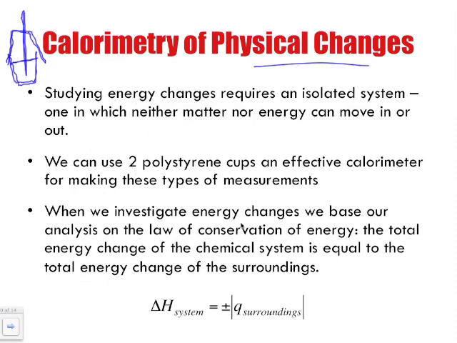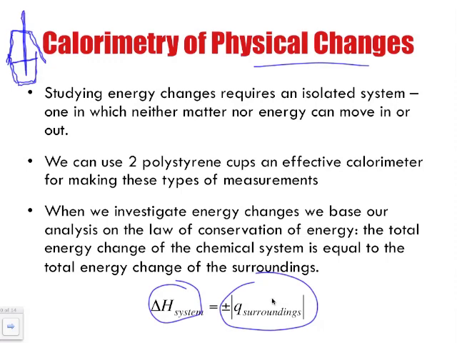Now, when we investigate energy changes, we base our analysis on the law of the conservation of energy. The total energy change of the chemical system is equal to the total energy change of the surroundings. So here we have the system, the delta H of our system, and the Q value, the heat value of the surroundings.